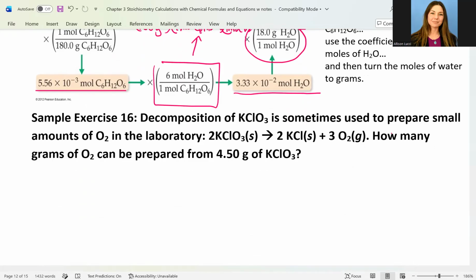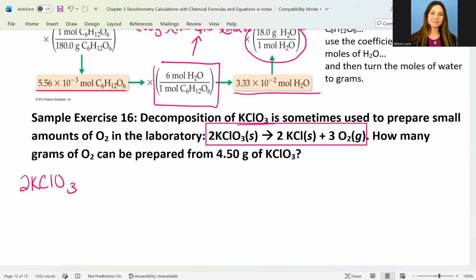And we're told that we have decomposition of potassium chlorate, and we're given the balanced chemical reaction here. So if we need to prepare a small quantity of O2, we're told that sometimes this reaction is used.